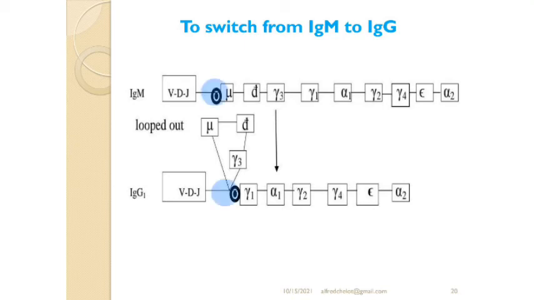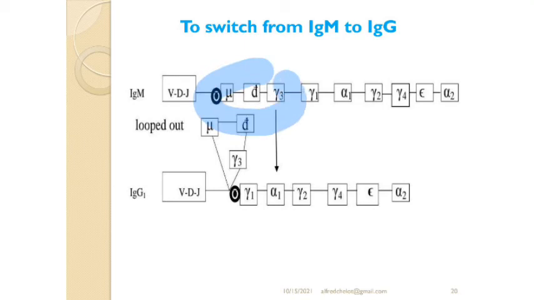So the switch regions will be activated and they will cause looping out of the intervening DNA. For example, in this case, we have to make sure that we loop out that portion.